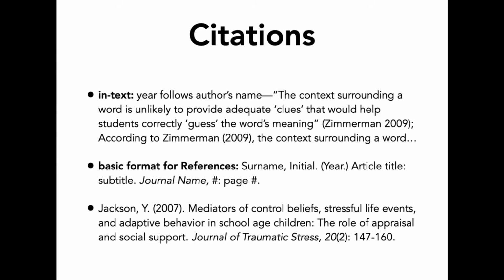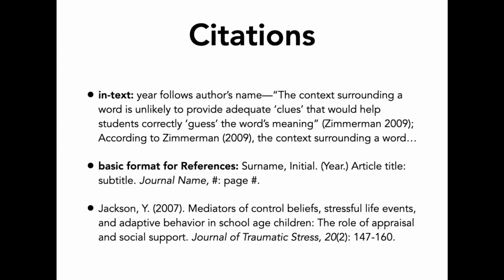So the example here is, quote, "The context surrounding a word is unlikely to provide adequate clues that would help students correctly guess the word's meaning," end quote. And in the citation there it says Zimmerman 2009. So you have the author's last name and then the year of when the article was published.